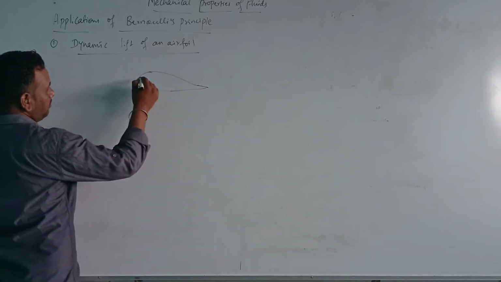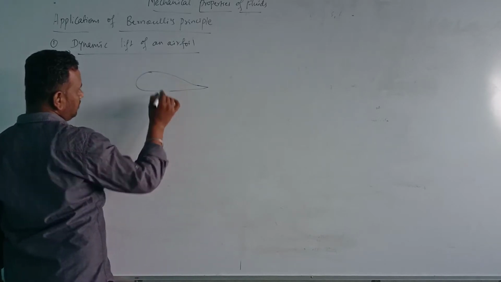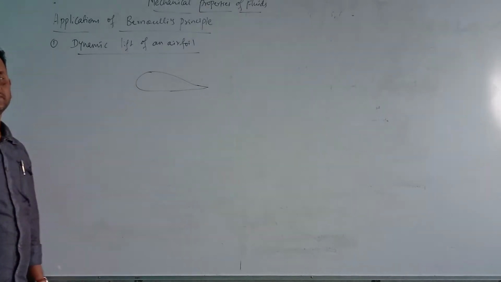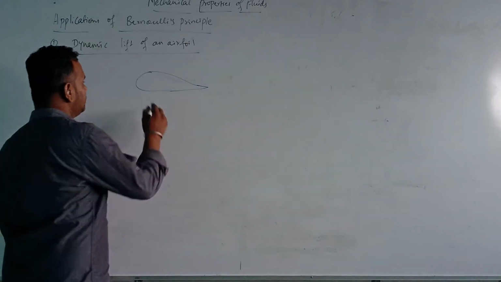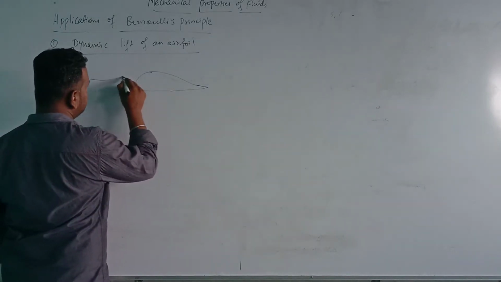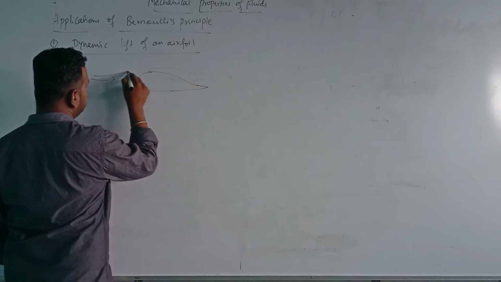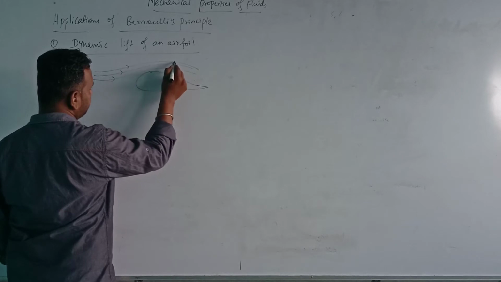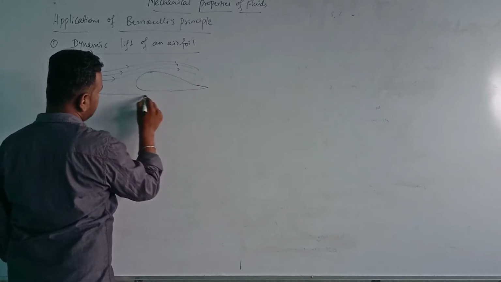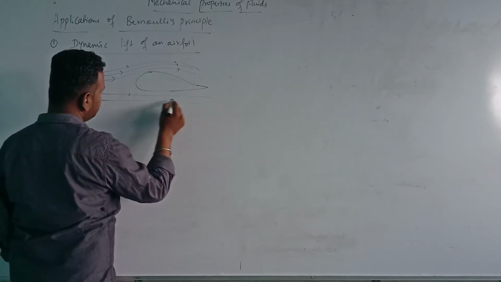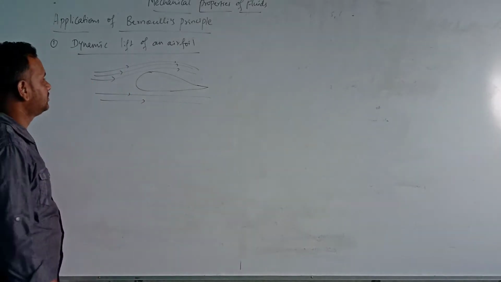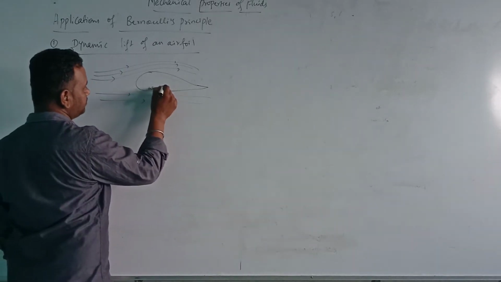The upper surface is a convex surface and the lower surface is a flatter surface. Now the air is flowing in this direction. So this is an airfoil here.